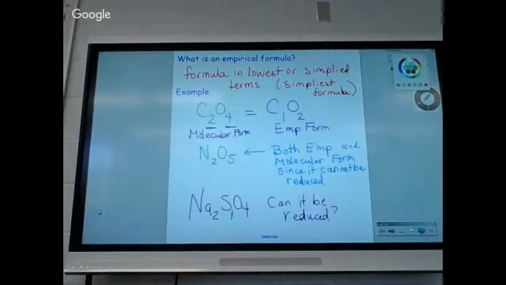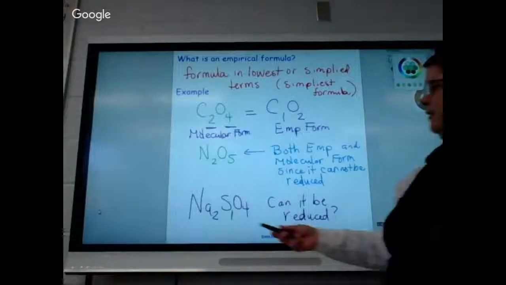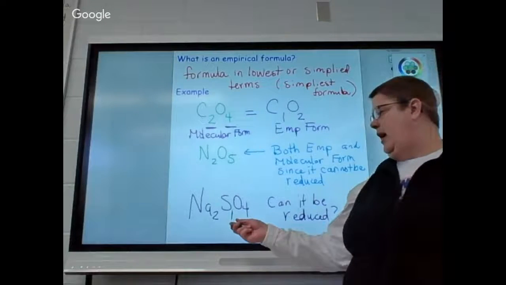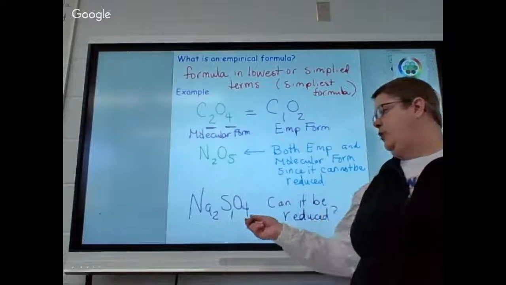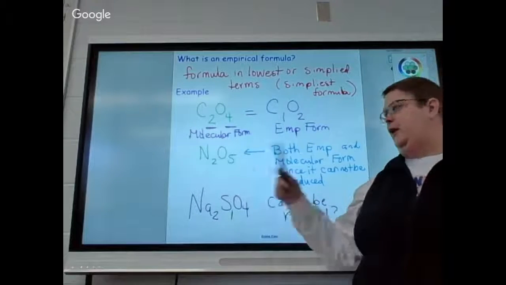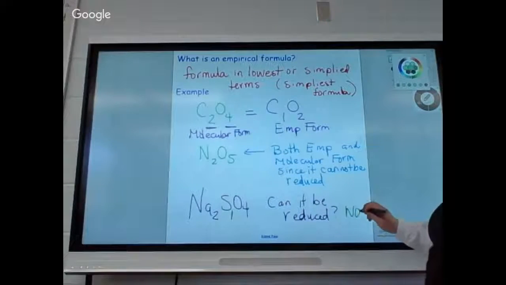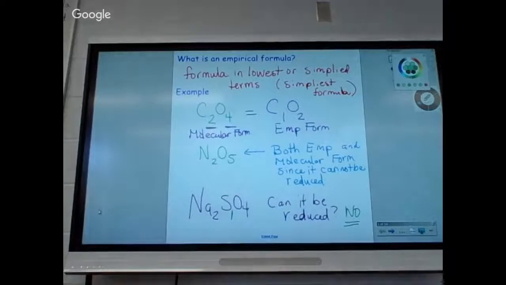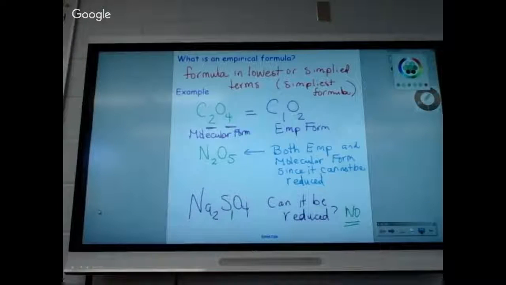Oftentimes, students will look at the formula and they automatically see the 2 and the 4, and they want to reduce them. They overlook the S with the 1, and they automatically reduce the 2 and the 4 and ignore the S. But the answer is no, it cannot be reduced, and Hyro gave the right answer. It cannot be because the S has a 1 on it, and there are 3 elements. In order to reduce, you have to be able to reduce all of the subscripts, and in that formula, you can only reduce 2 of the 3 subscripts. You cannot reduce the sulfur subscript, so you can't reduce any of them.